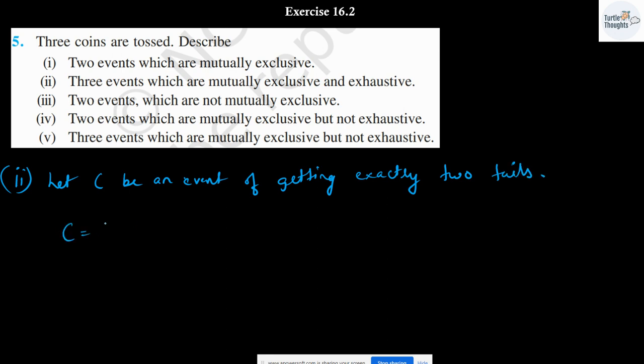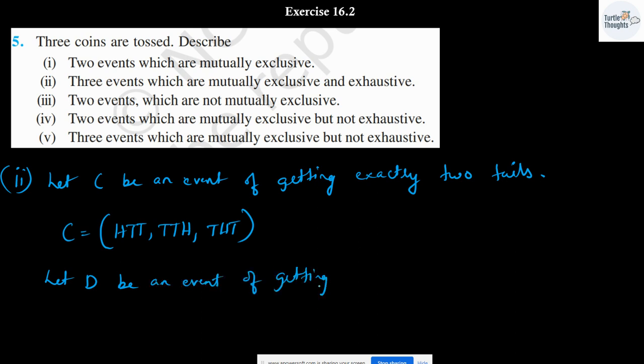Two tails, if you are going to get, then it is going to be HTT, TTH, and THT. Let D be an event of getting exactly two heads.